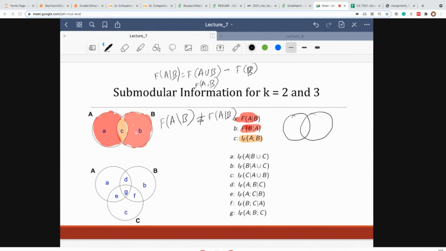So how is f of A minus B? Okay, so f of A minus B is just applying the submodular function to the set difference, right? Does it make sense, Atrish? So imagine A is equal to 1, 2, 3, 5, 9, and B is equal to 2, 5, right?